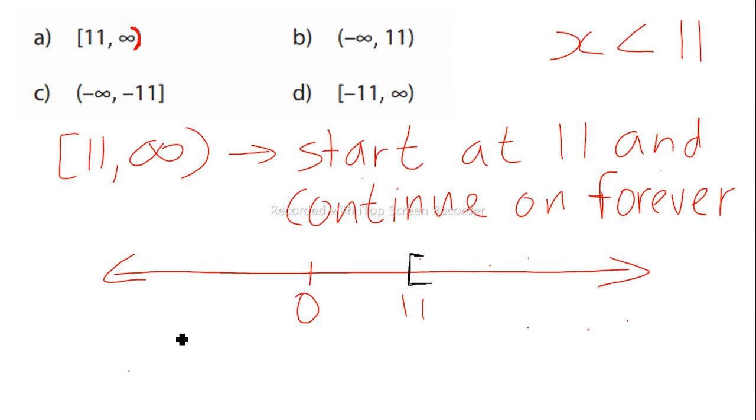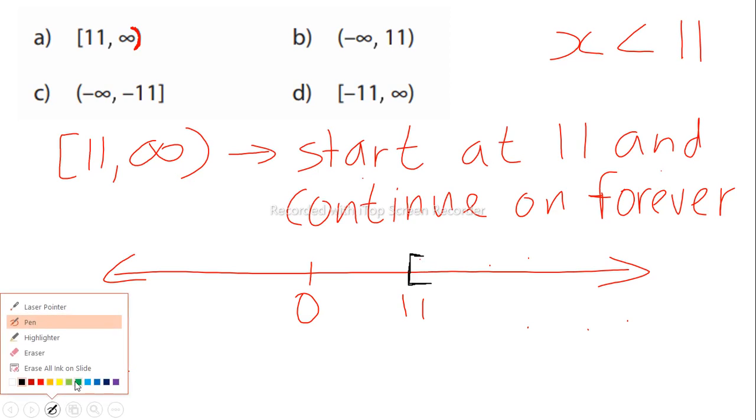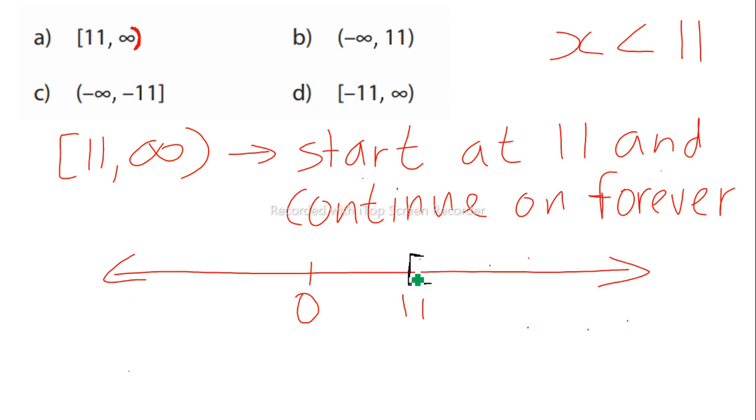Continue on, get bigger and bigger and never stop. So start at 11 and continue on forever and ever, or until you reach, in quotation, positive infinity, which we can't really reach. But we only say that to mean we continue on forever and ever.